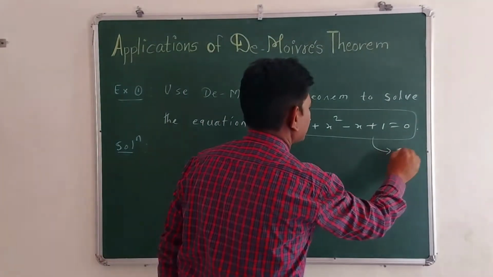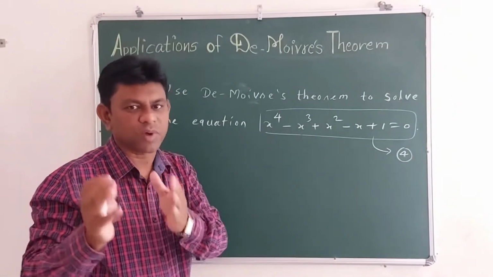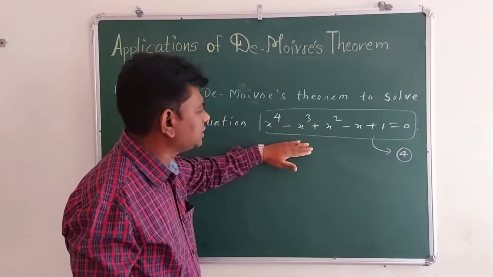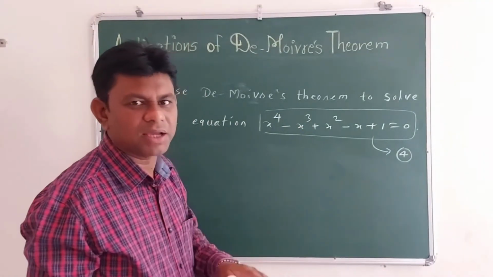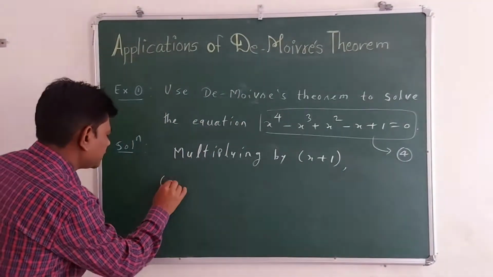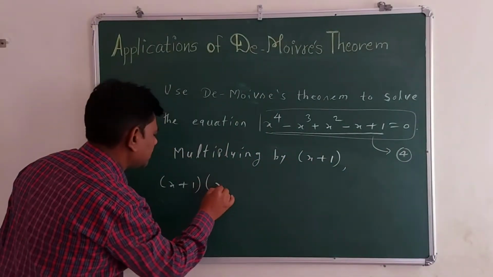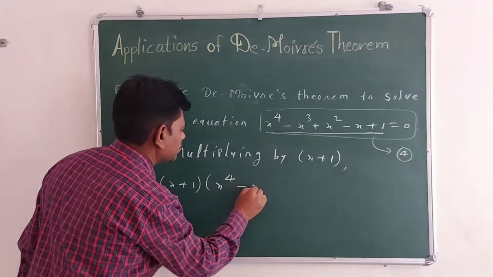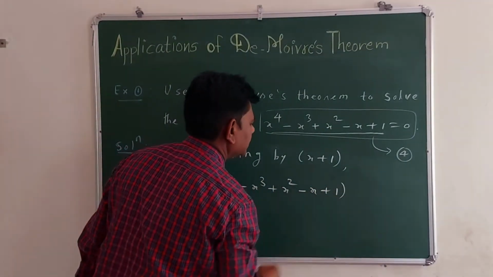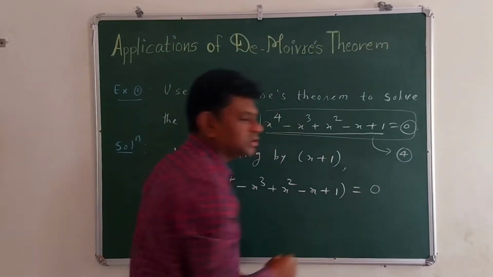Now degree of this equation is 4. Therefore this equation has 4 required roots. Now solution of this given equation. Now multiplying this given equation by x plus 1, we get x plus 1 times this LHS part x to the power 4 minus x cube plus x square minus x plus 1 is equal to x plus 1 times this 0, answer is 0.